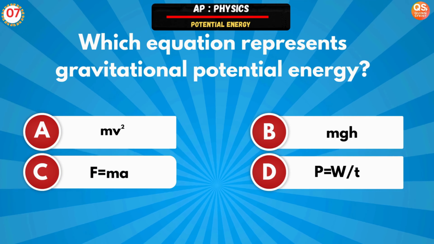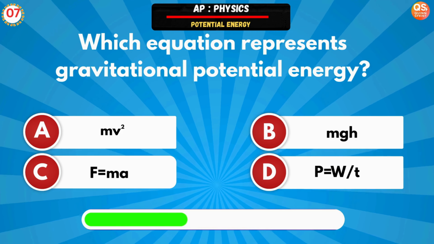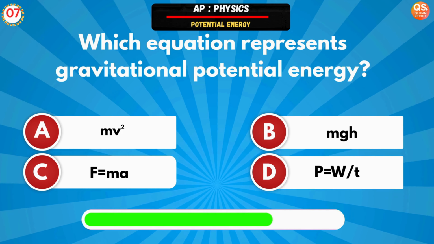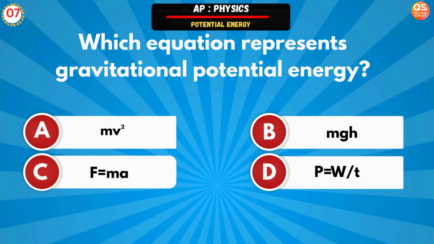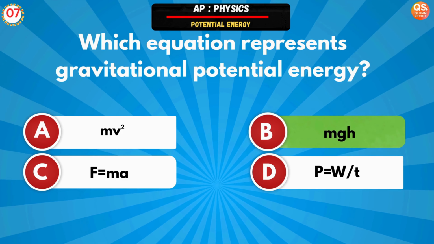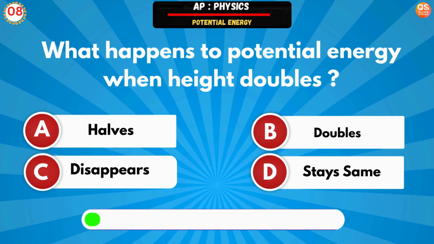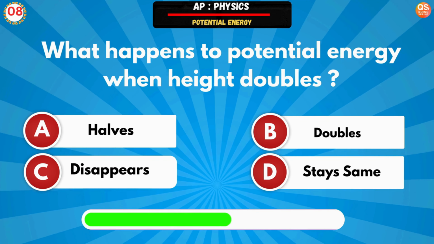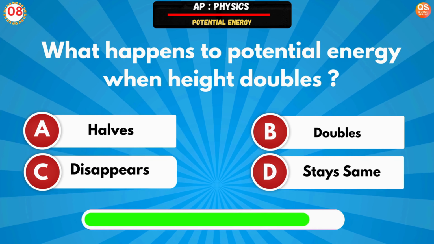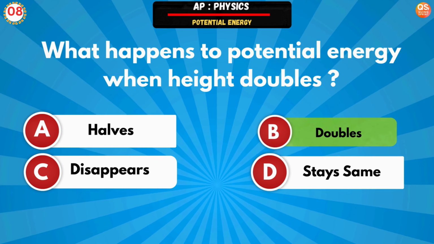Which equation represents gravitational potential energy? MGH. What happens to potential energy when height doubles? Doubles.